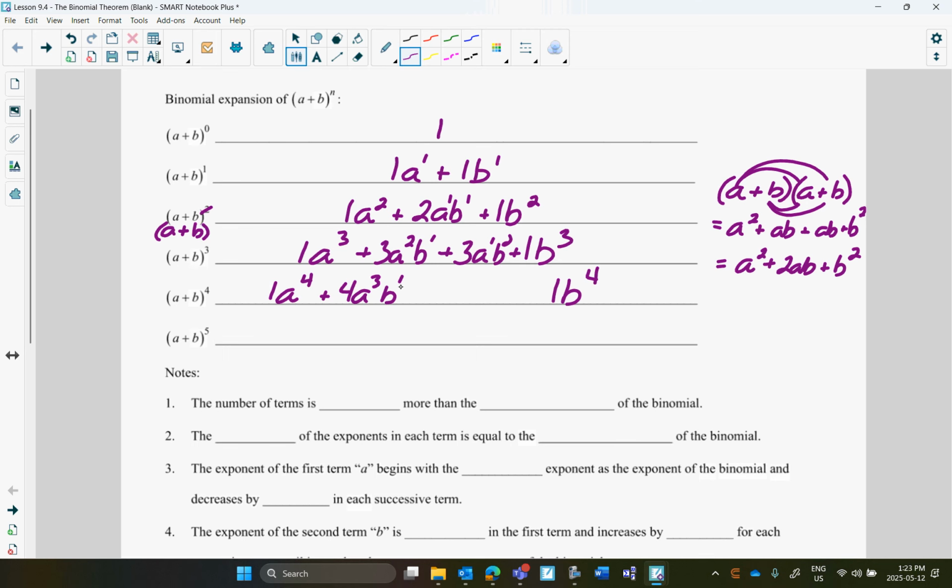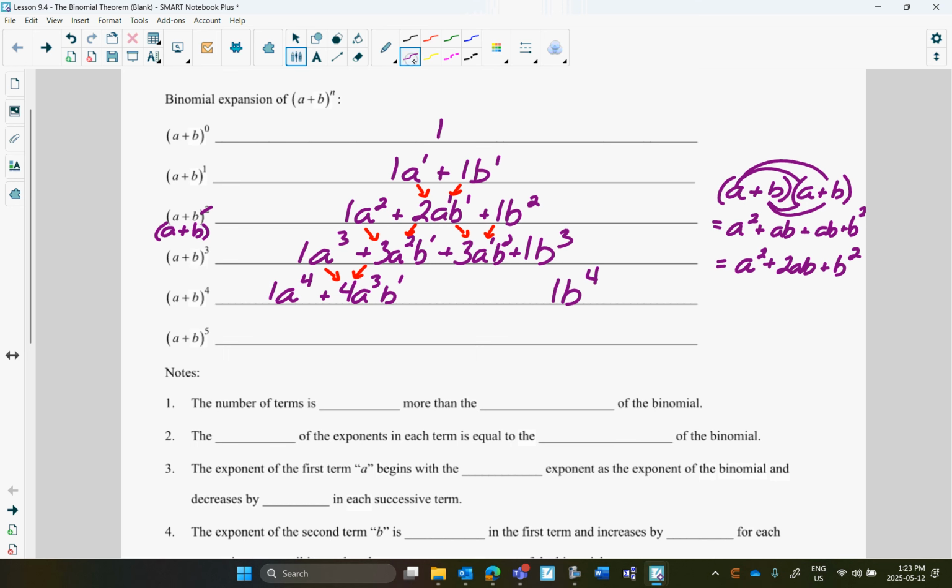If you look at this diagonal, or at this, for the inside terms, not the ones on the outside, it's always the two coefficients above added together. So 1 plus 3 gives me 4. Notice the exponent for A goes down by 1, and then the exponent for B starts up at 1.